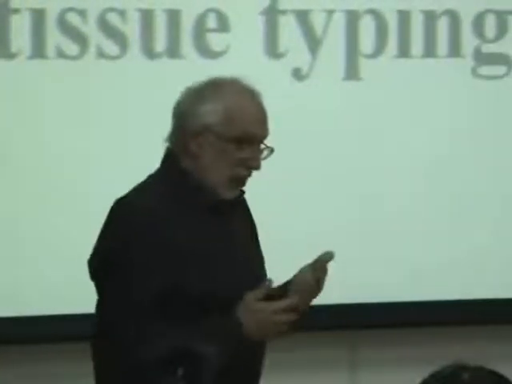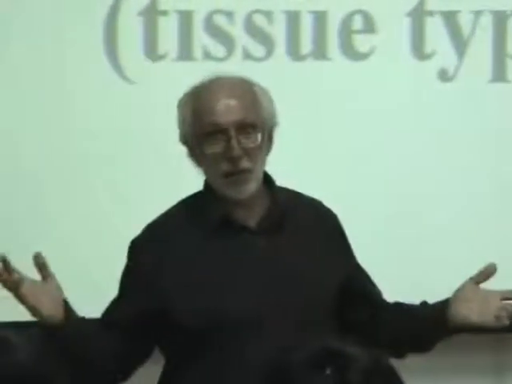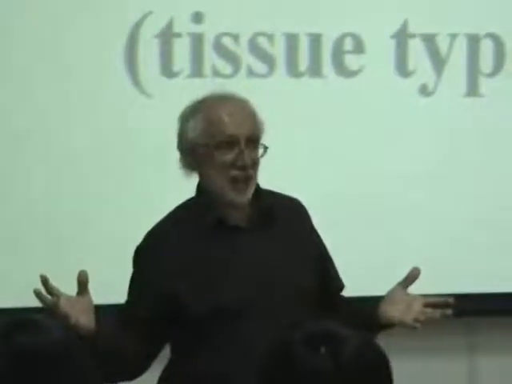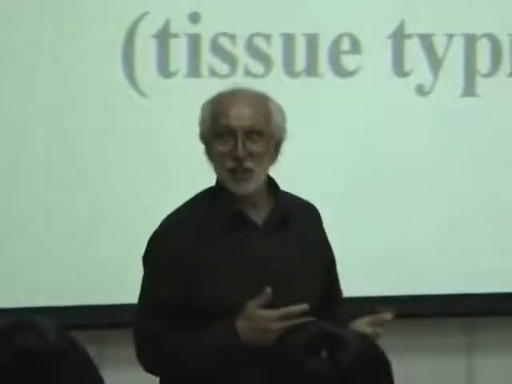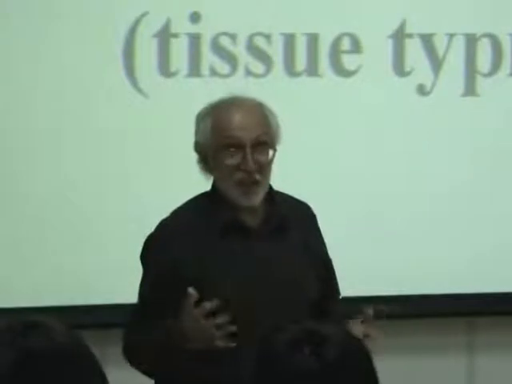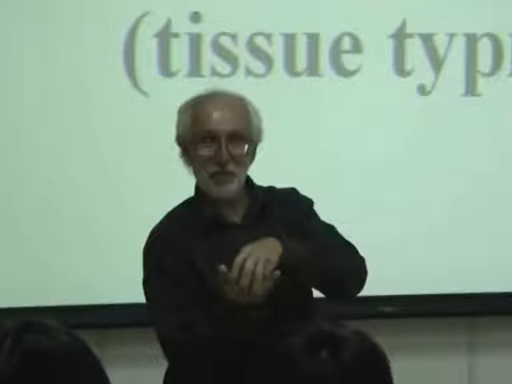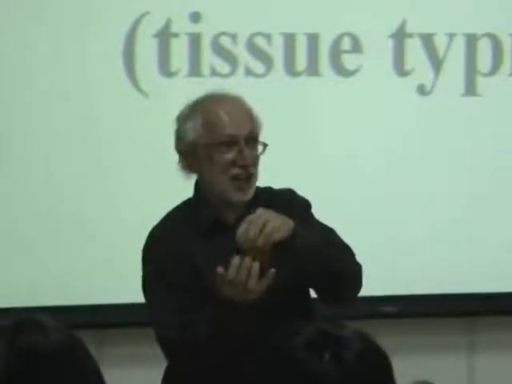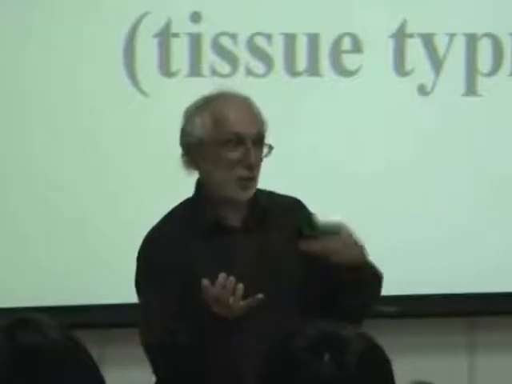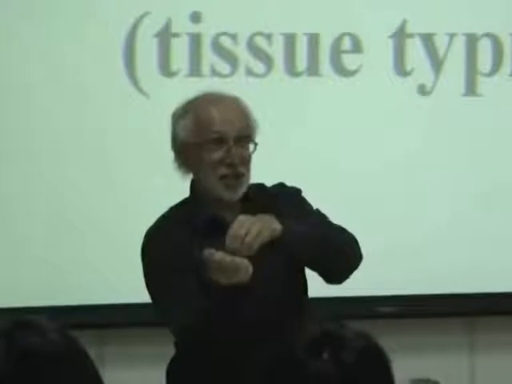And MHC is thought to have evolved so that at a population level, if we have lots of diverse MHCs, then whatever mutations a virus carries out, some of us will have an MHC which can bind a peptide from that virus. Because what MHC does is bind peptides. And the difference in MHCs between you and me is in the MHC binding groove, the bit of the MHC that binds the peptide.